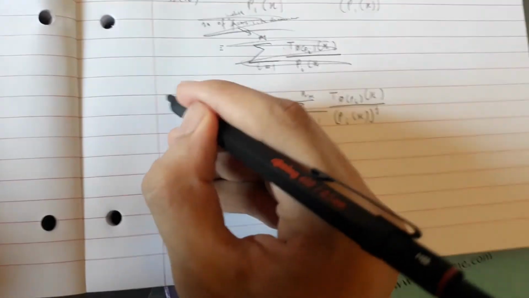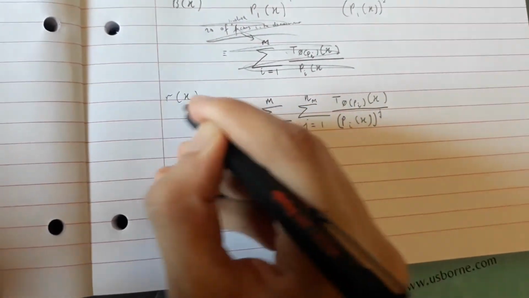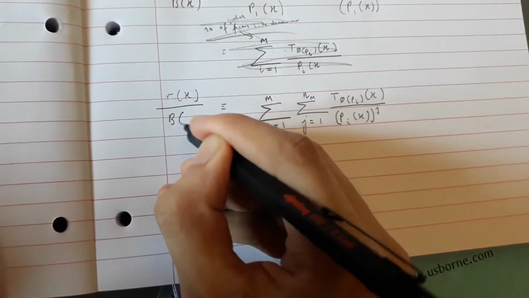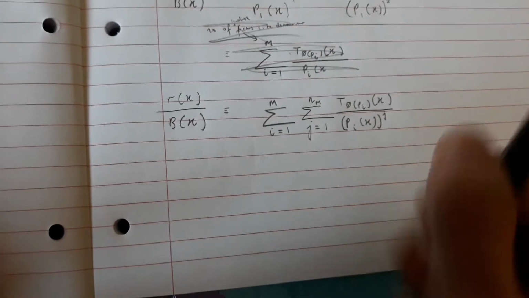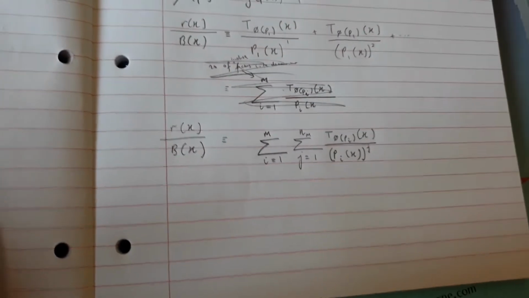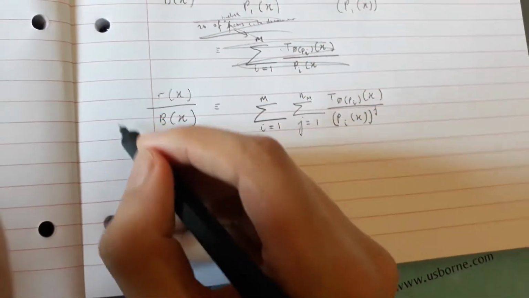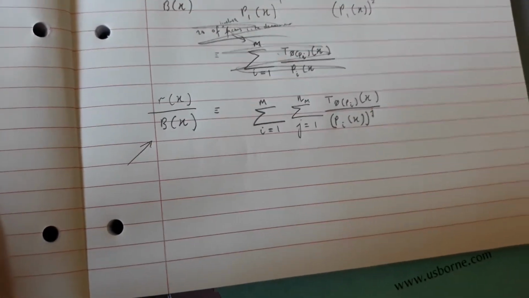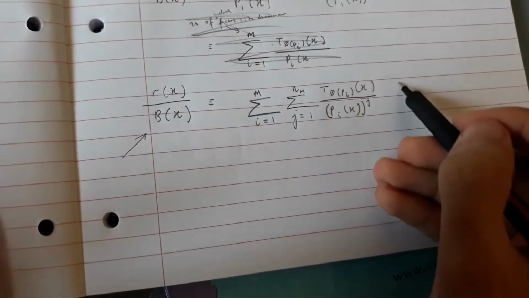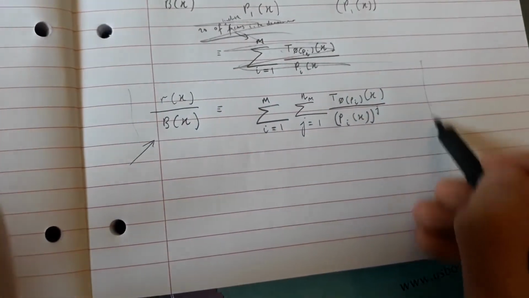So in the most general case, the partial fraction decomposition of a general proper fraction is precisely this.